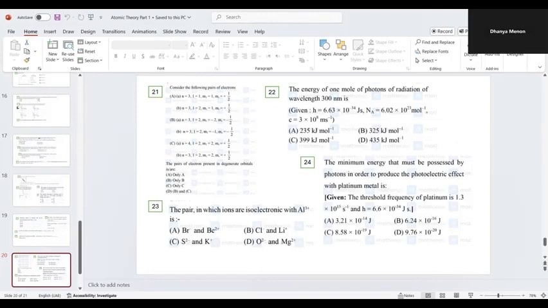If you see the 21st question, consider the following: the pair of electrons present in degenerate orbitals. Degenerate means those orbitals having the same energy, like our 3p orbitals or the 5d orbitals. All these are degenerate.